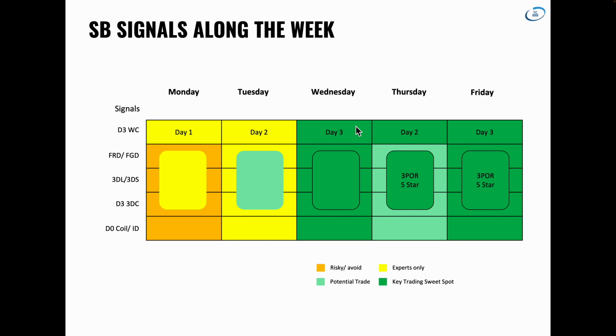Then on Wednesday, that's your first real key trading sweet spot, and you're looking for all of those signals. Thursday, as we discussed, again, day 2 template, be a bit more careful. But if they are aligning, especially if you get 3 pushes out of the opening range or a 5-star template, then it might be really good. And Friday, of course, again, good. So this is a logic to keep in mind.